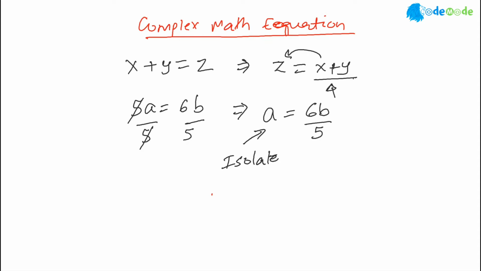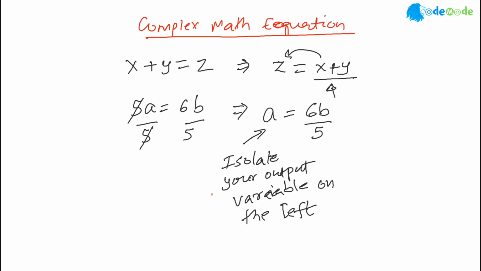Isolate your output variable, where you want to store the data, on the left. That's rule number 2.